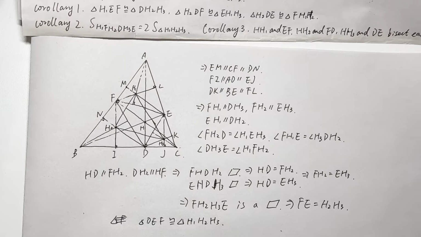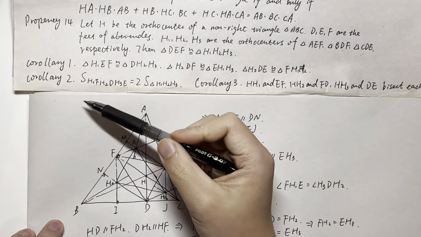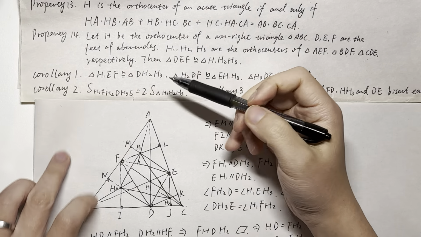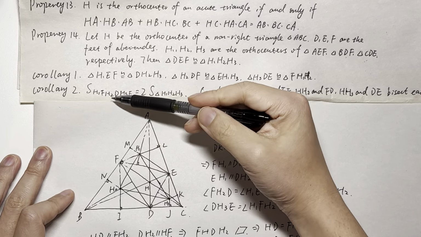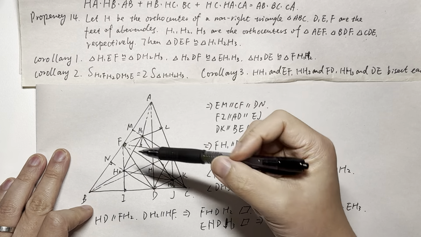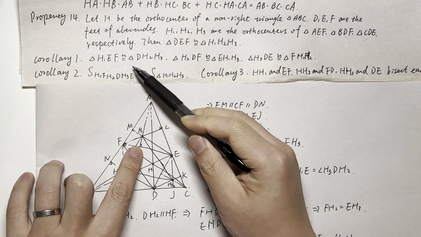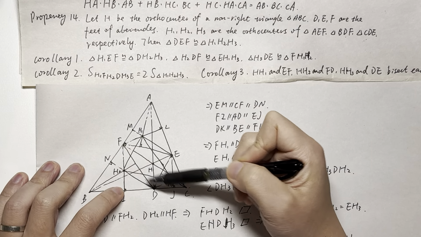Okay, so that's for the first part, and we have several corollaries here. Corollary one: triangle H1EF is congruent to triangle DH2H3.